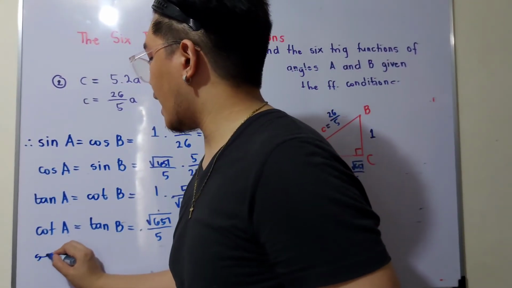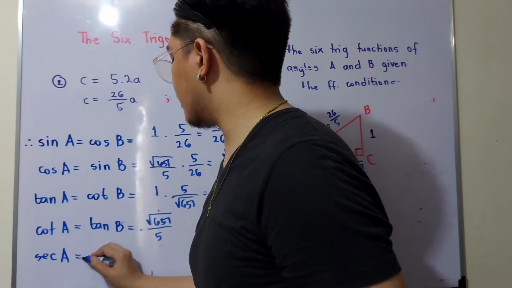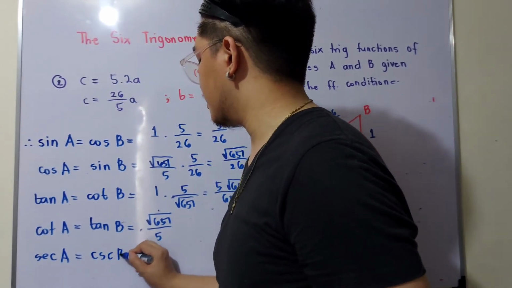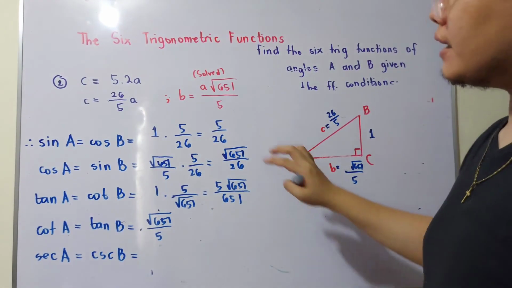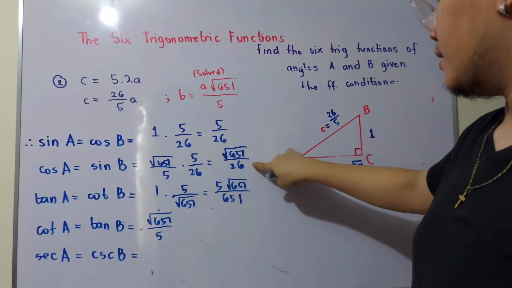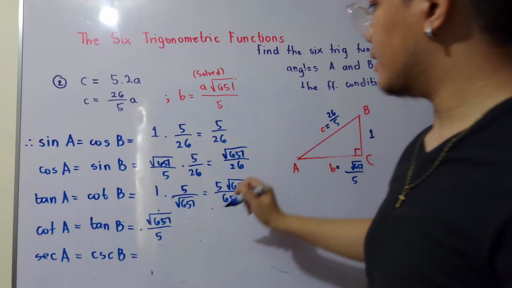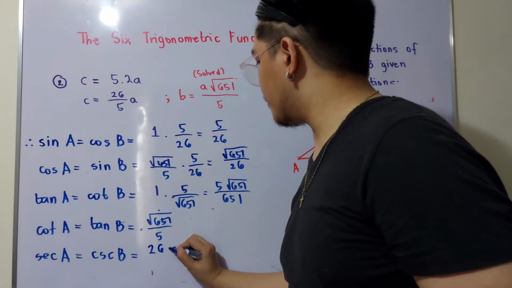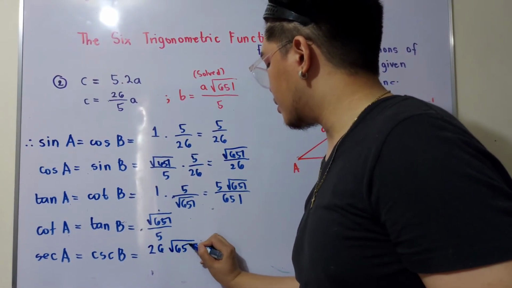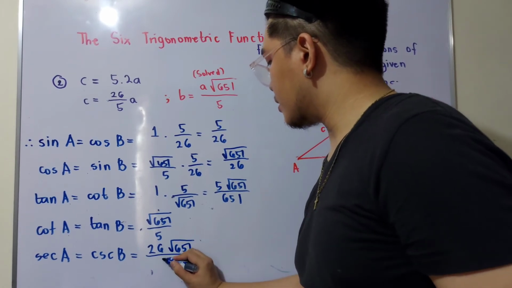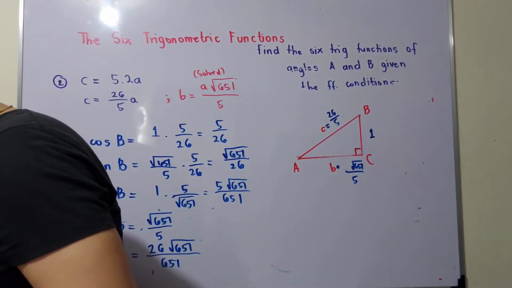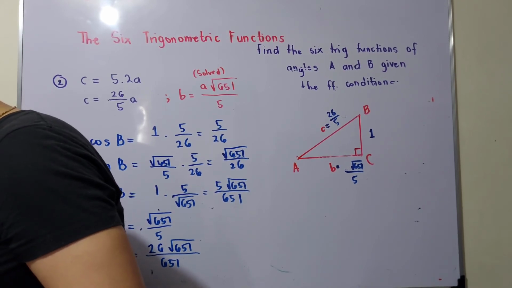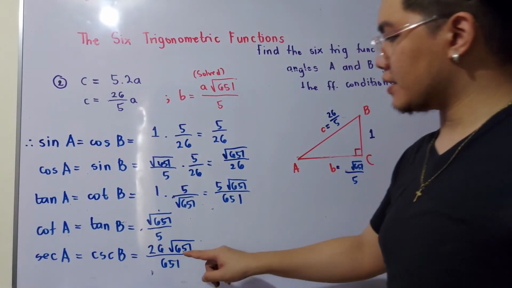And then si secant A at saka si cosecant B, reciprocal ng sine. Cosine A. Reciprocal niyan. Tapos kunin na lang natin yung rationalized form. Tingnan natin kung divisible si 26. Okay, so hindi divisible yan.